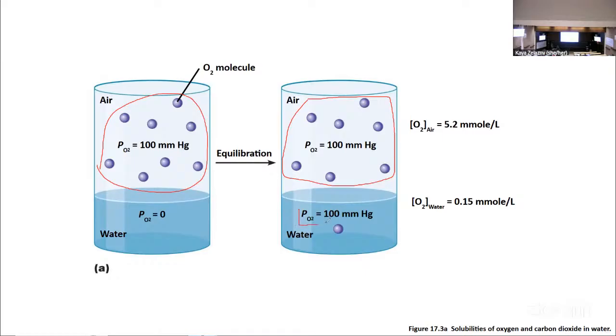But now we have a matching partial pressure of 100 for our oxygen in the water, but we can see that that's not actually that many oxygen molecules, right? We only have one dot down in here in the water to get us to that partial pressure of 100 for oxygen in the water, right? So we've got a pretty low concentration of oxygen in the water compared to the concentration of oxygen in the air. However, when we're thinking about diffusion of gases, right?